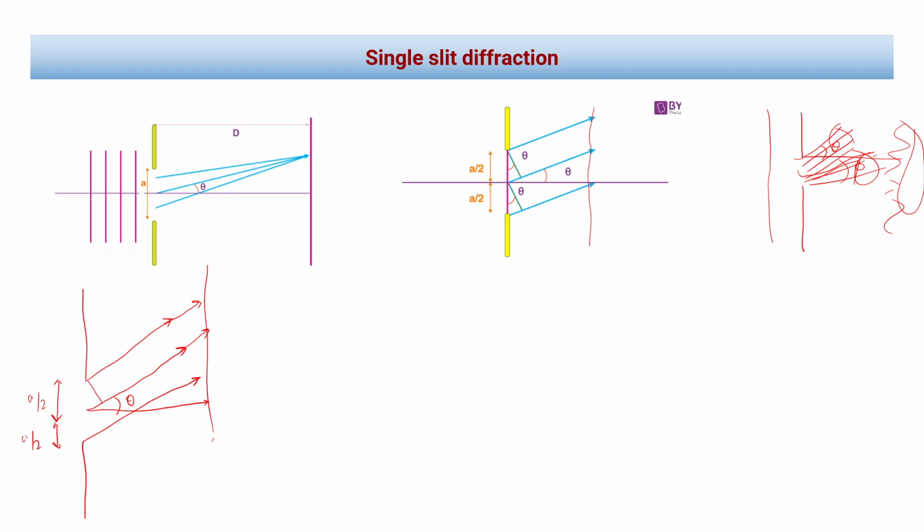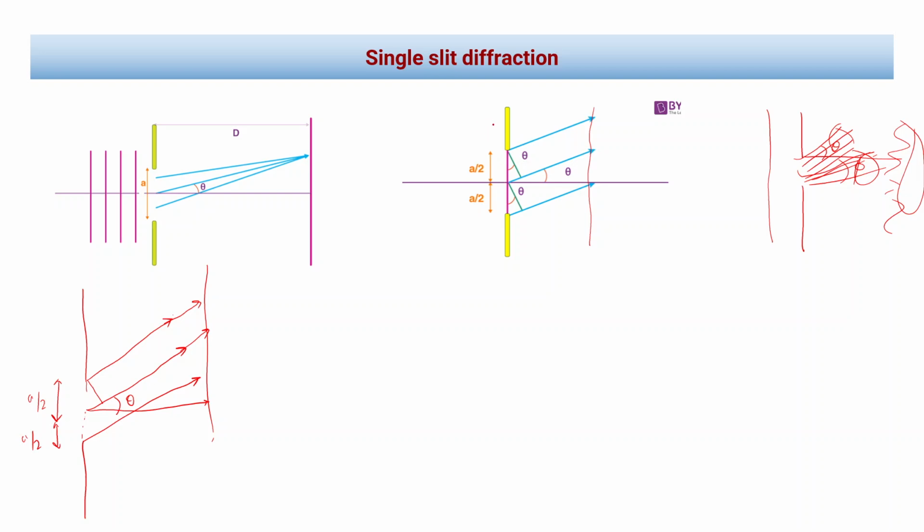So we will drop a perpendicular here, right? So we can see this is the extra path the second ray is covering. Now, how we have said that this is angle theta, let's see this small thing. Here you see, this is parallel to this, right?